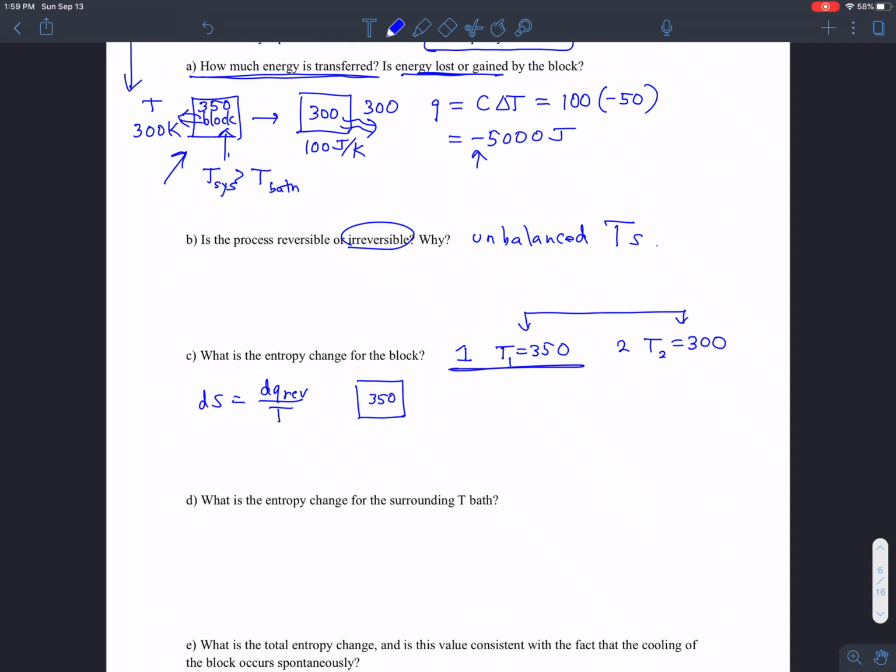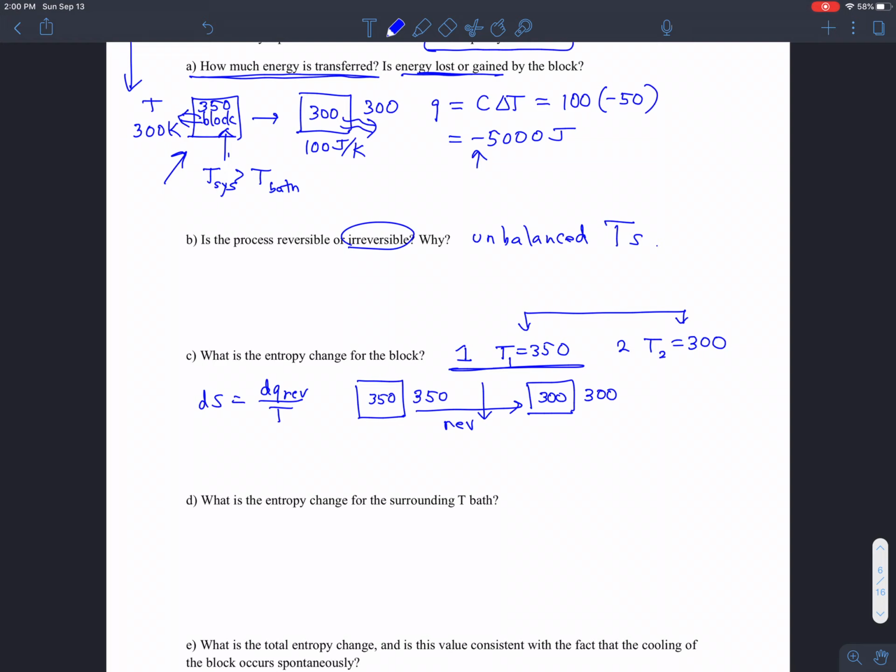That's the initial state of our system. But the surroundings was also at 350 K, and then slowly the surroundings changed temperature until it finally got to 300 K, and both of them are at 300 K in that case. In that kind of process, the temperatures are balanced at all points, and therefore it's a reversible process.